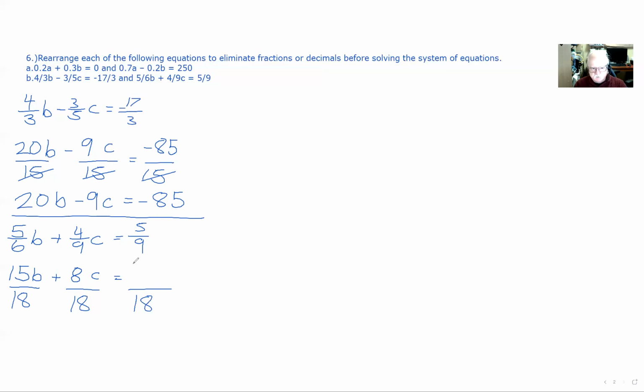And 18 divided by 9 is 2 times 5 is 10. And again, now we don't need the denominator. We've got 15b plus 8c equals 10. Oh, that's ridiculous. Let's draw a straight line.